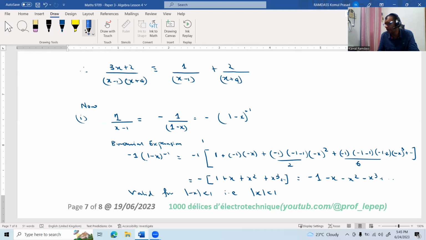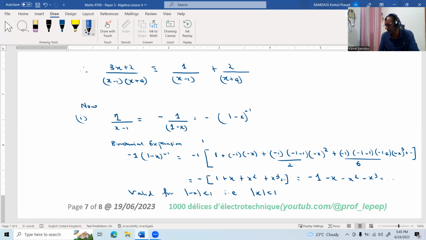1 plus minus 1 times minus x plus (minus 1 times minus 2 times minus x squared) divided by 2 plus (minus 1 times minus 2 times minus 3 times minus x cubed) divided by 6, which is equal to, bon, minus en dehors, en bracket, 1 plus x plus x squared plus x cubed.